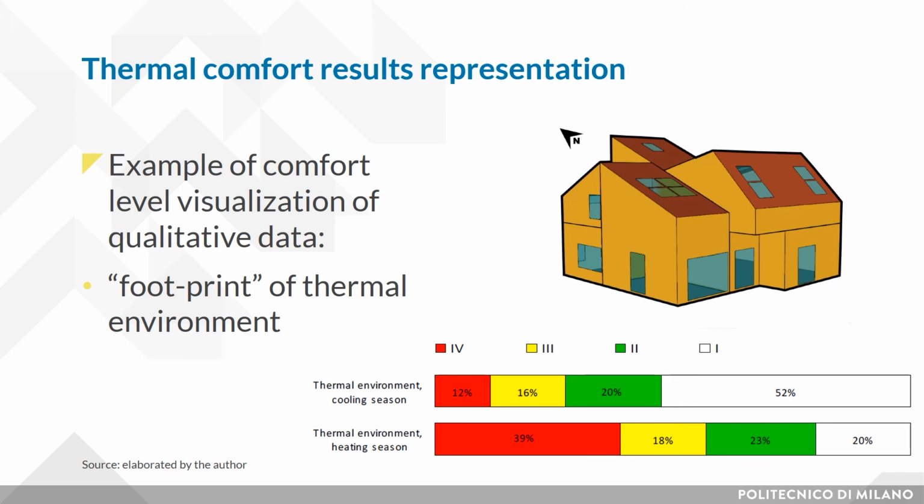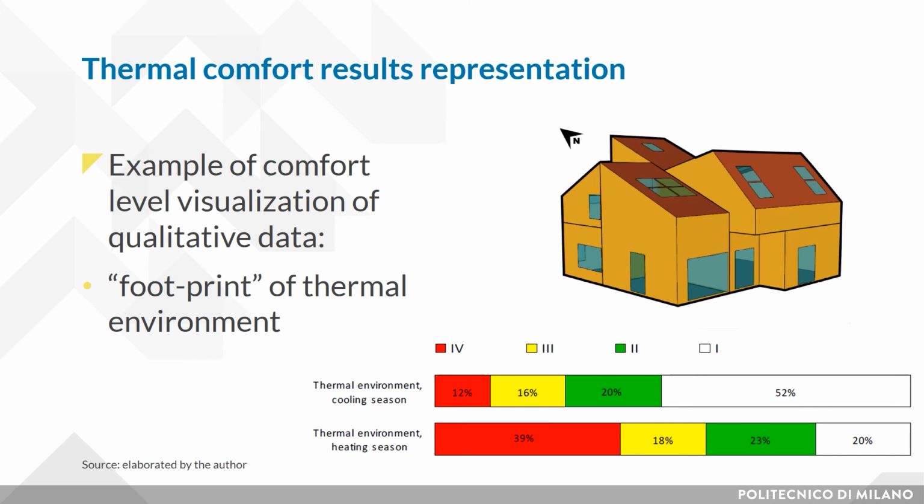The present slide presents a so-called thermal comfort footprint chart. This graphical representation is applied to visualize in a quantitative way the expected thermal comfort level inside a specific room. The charts are normally built separately for summer and winter season in order to check how the building is expected to perform during both cold and hot seasons.